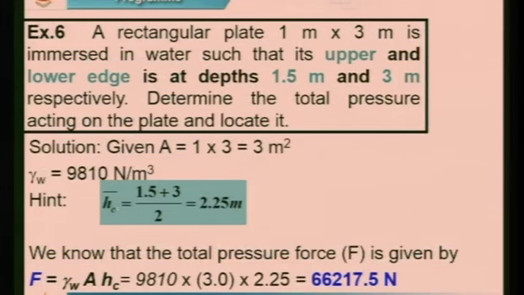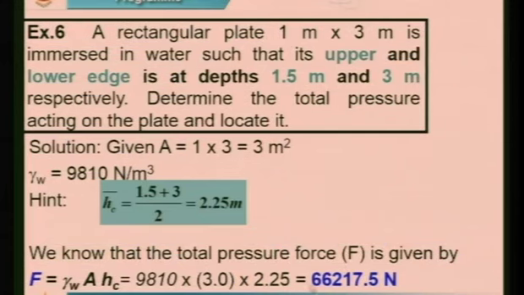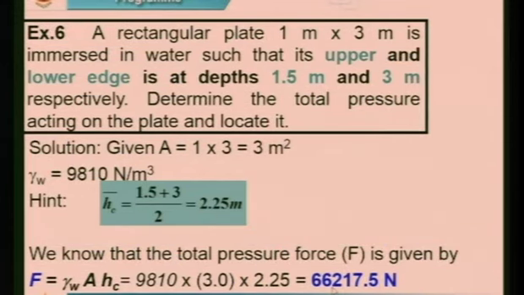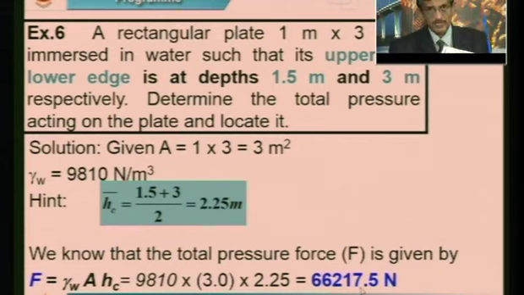We know the total pressure force is given by gamma W into A into Hc bar. It is very simple, as we followed in the vertically immersed case, we also follow in the inclined plate. So the value is 9810 into the area, which is 3 into 2.25, we get 66,217.5 Newton force. So this is the hydrostatic force.